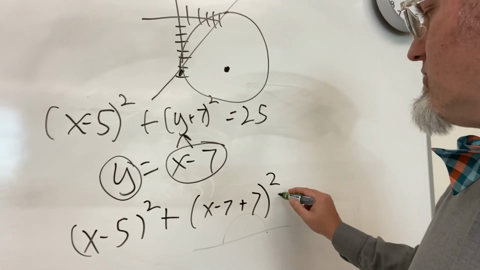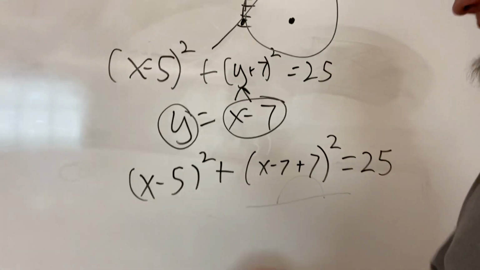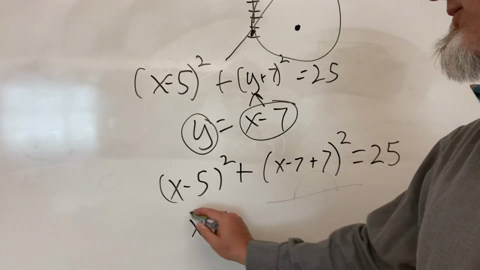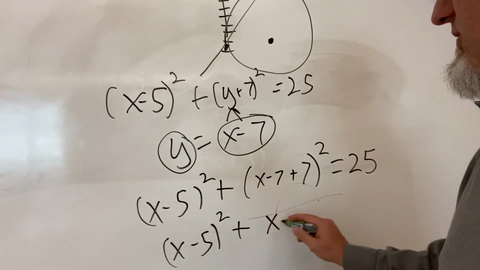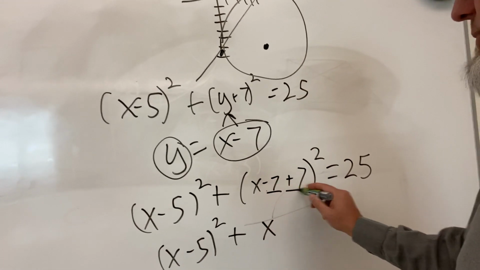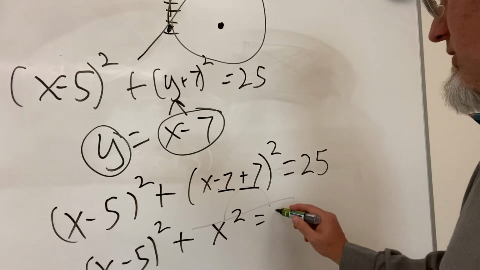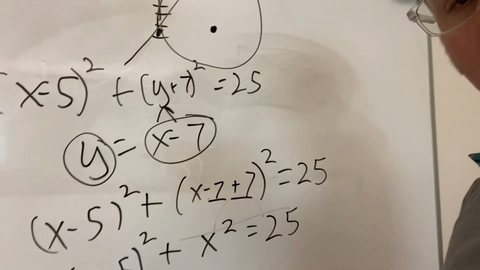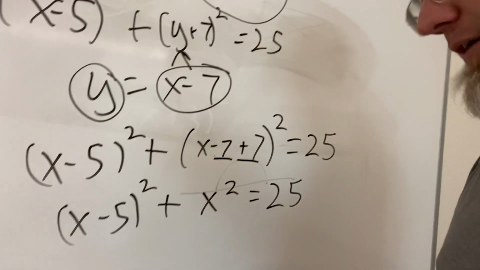I don't lose my squared. And that equals 25. Okay? So I have x minus 5 squared plus x, because a -7 plus 7 is going to make 0. So that's x squared is equal to 25. Okay? And again, we'll kind of go through the algebra after I come back.